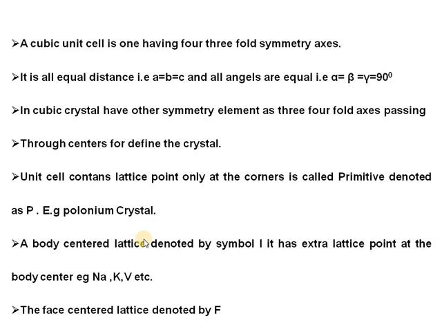Similarly, a body centered lattice can be denoted by the symbol capital I. It has an extra lattice point at the body center. For example, sodium, potassium, vanadium, those metals have crystals showing the body centered cubic structure.